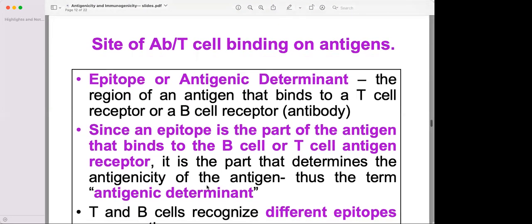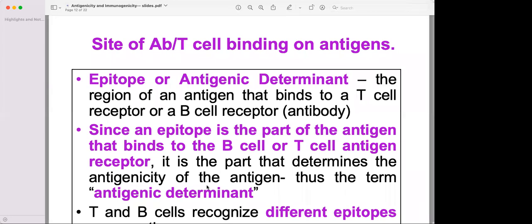Now let's get to our point number 3, which is the third learning objective. Could we now start looking keenly at the differences between the site to which the antibody, which I mentioned to you is the B cell receptor, binds and the site to which the T cell receptor binds on the antigen?